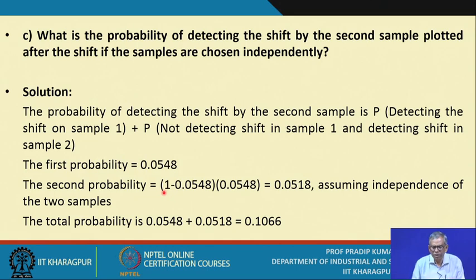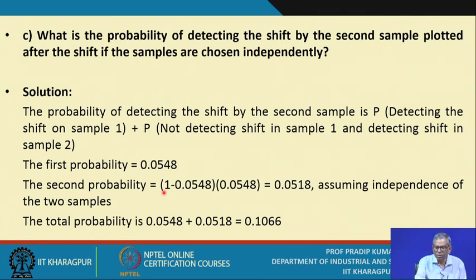What is the probability of detecting the shift by the second sample plotted after the shift if the samples are chosen independently? What we are assuming at this stage, when you are going to plot all these sample points, is that all these sample points are independent of one another. That means no single sample point influences the other sample points or sample values.